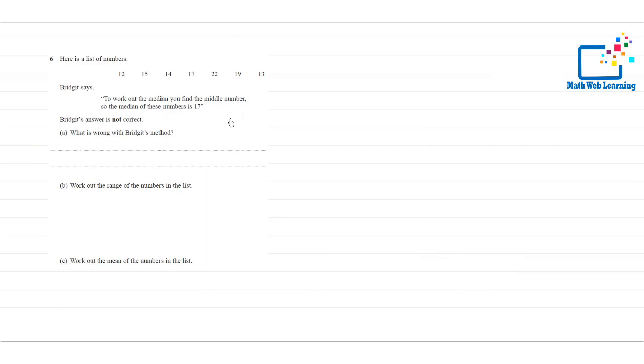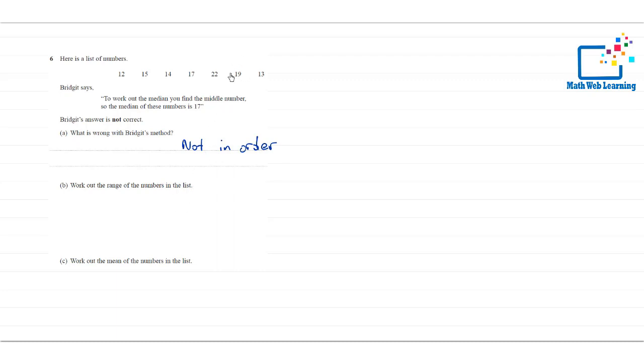We've got a list of numbers, and what is wrong with Bridget's method? Well, she didn't put them in numerical order. What is the range of the numbers in the list?